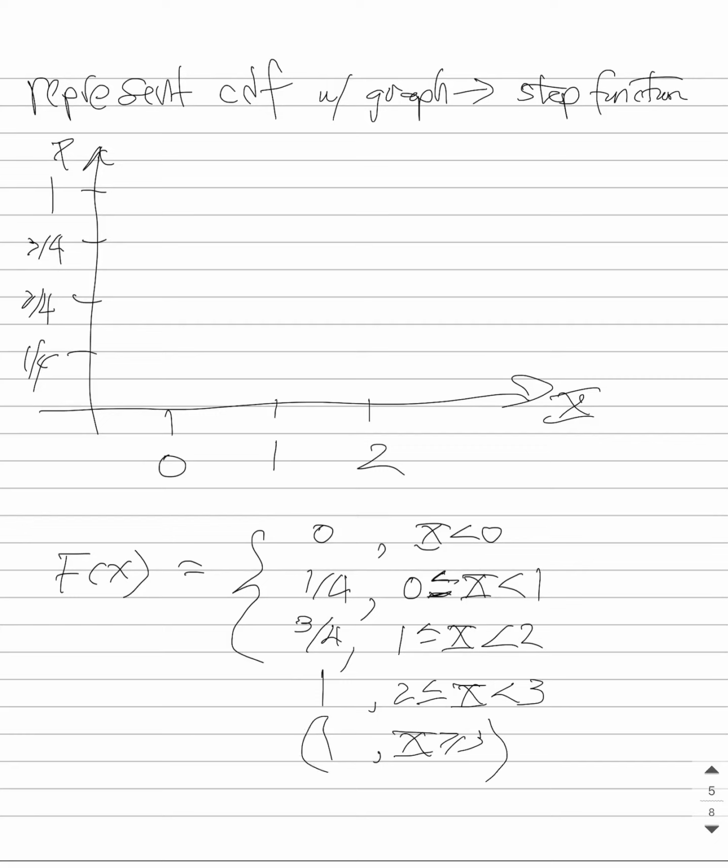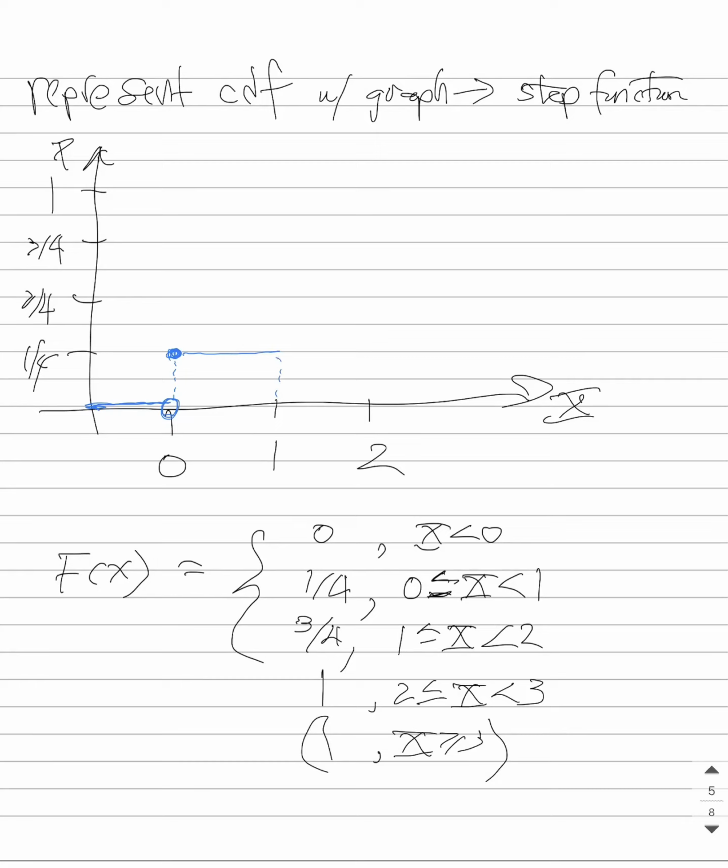So in terms of a graph, we would have nothing going on here. There would be a circle popping up because as soon as you get to the outcome 0, there is some probability that your vacuum cleaner sucks up. And there are no outcomes between 0 and 1.